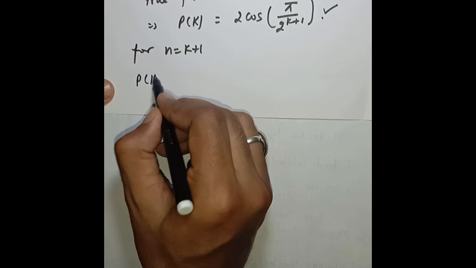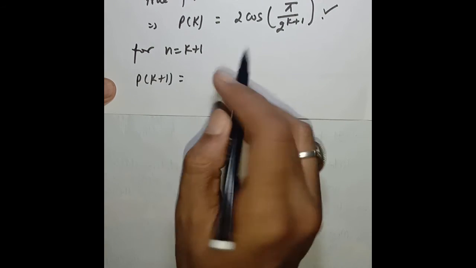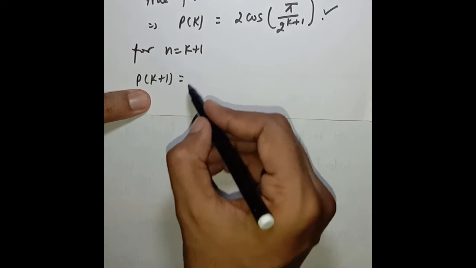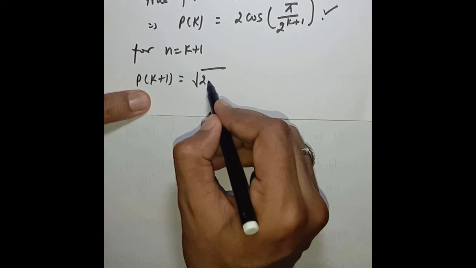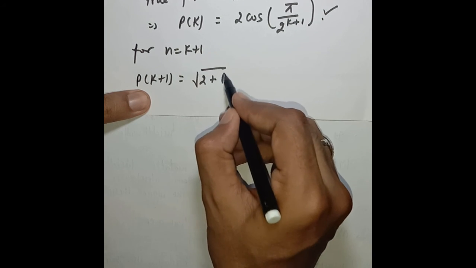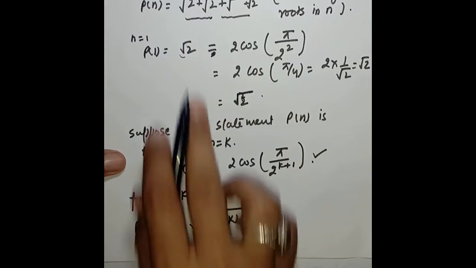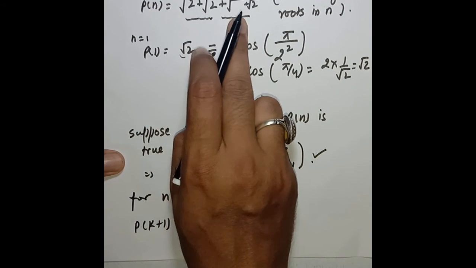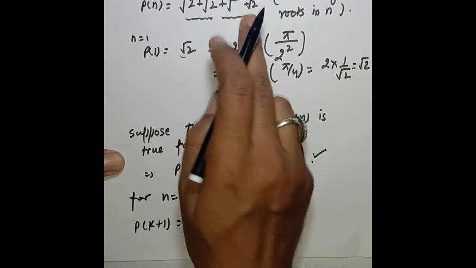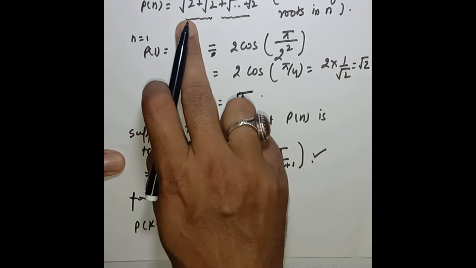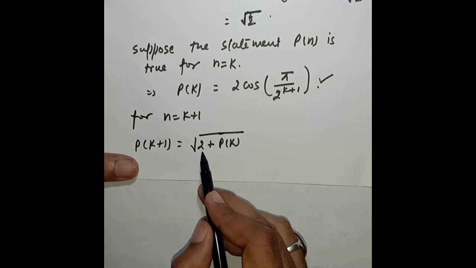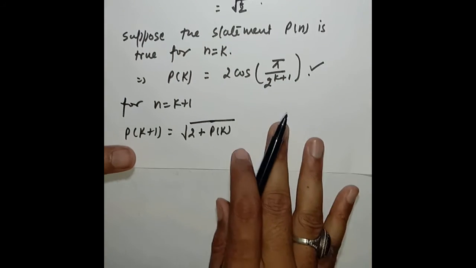So for Pk plus 1, we can write under root 2 plus Pk, because Pk is under root 2 plus under root 2 plus under root, up to the kth root. For k plus 1, it is under root of 2 plus Pk.